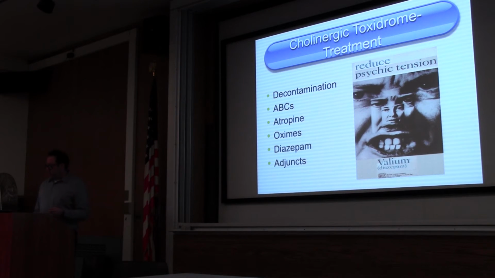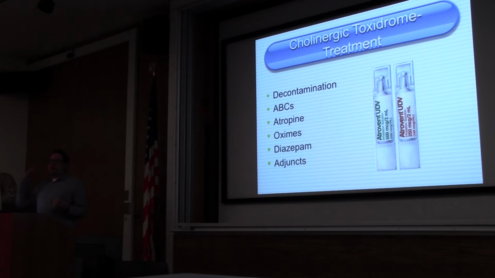And then there are some adjuncts that just make sense. If one of the things that's going to kill you is muscarinic excess in the lungs, we have an anti-muscarinic that's designed to go straight to the lungs. Maybe it would decrease your total atropine supply requirement for these patients. So it's something that I would probably do in addition to doing the other stuff. It wouldn't be a substitute.